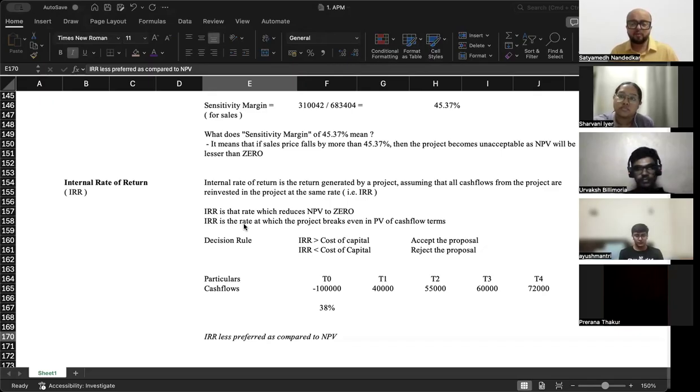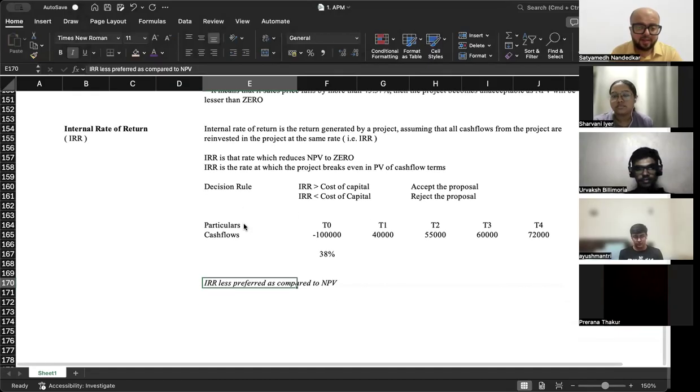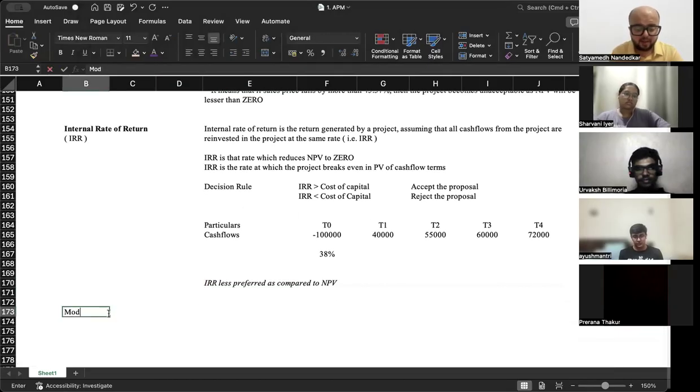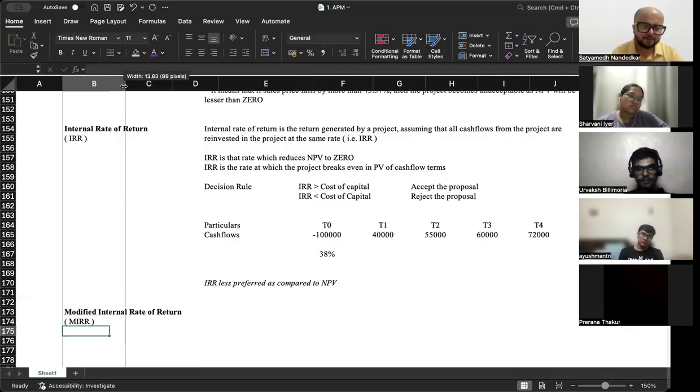We can get rid of the assumption which is more unrealistic. The second assumption was more unrealistic, that all the cash flows are reinvested in the project and they generate the same level of return as the IRR. So what we did is we modified the IRR. Okay. Modified internal rate of return. We call it MIRR. Okay.